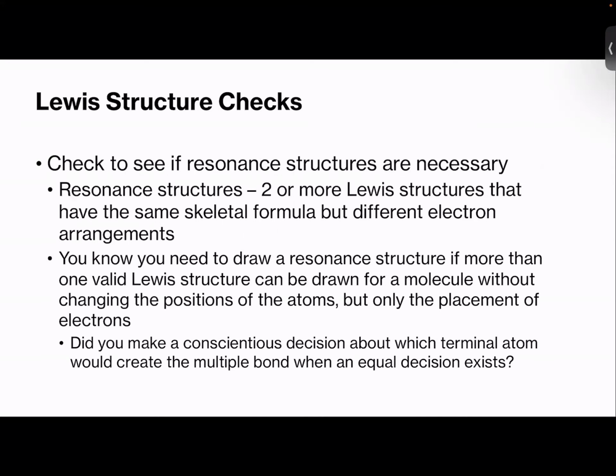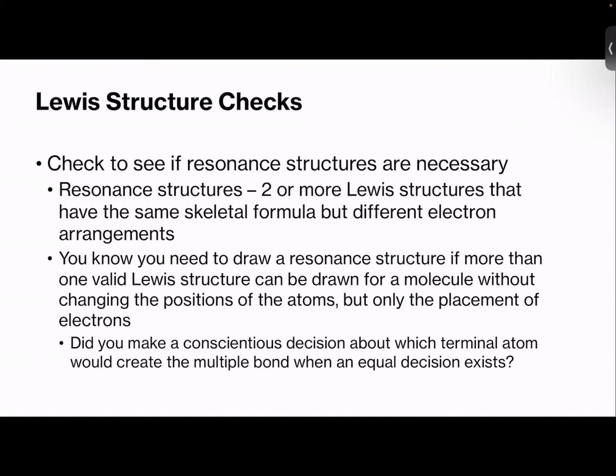The next check that you need to do is to determine if resonance structures are necessary. Resonance structures are 2 or more Lewis structures that have the same skeletal formula, but different electron arrangements. You'll know that you need to draw a resonance structure if more than one valid Lewis structure can be drawn for a molecule without changing the position of the atoms, but only the placement of the electrons.